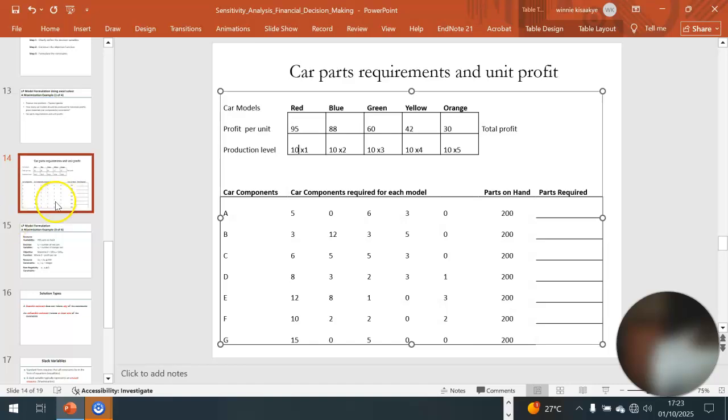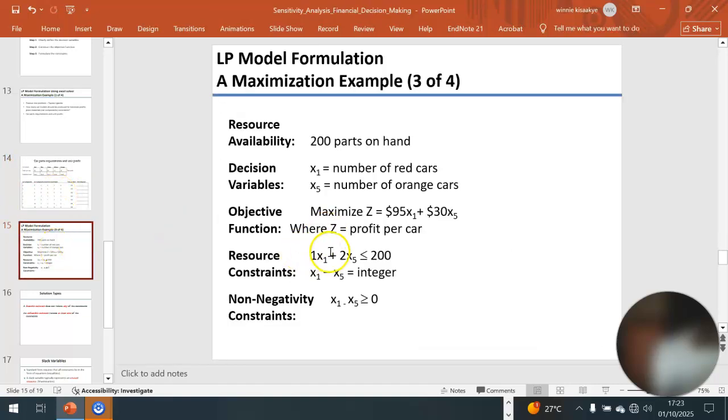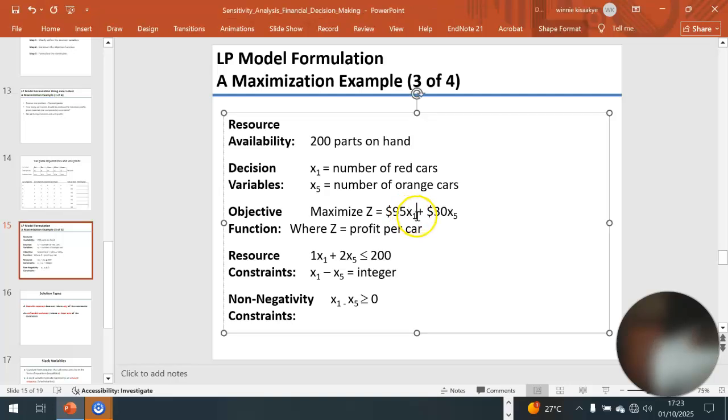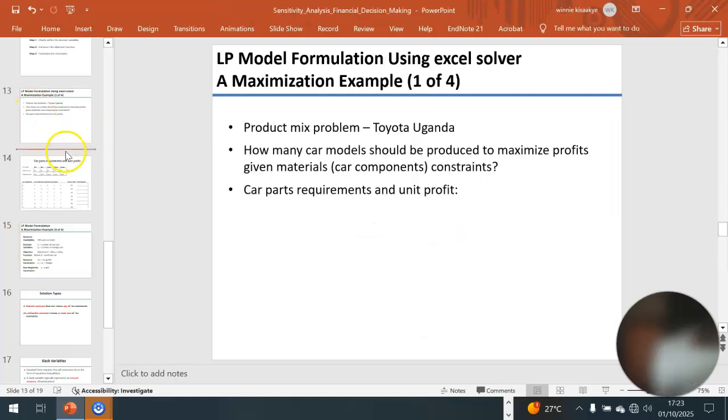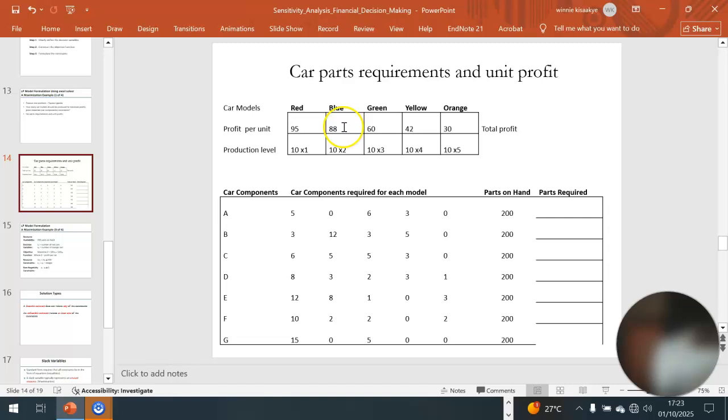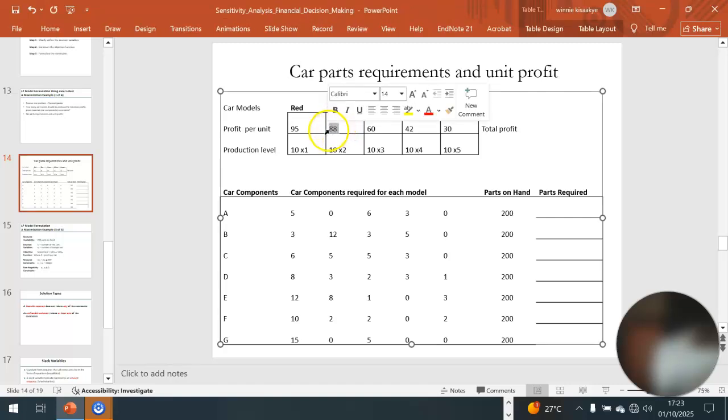That's why we are saying 95 x1, meaning we have to multiply the profit per unit with its associated units produced, that are represented by x's. Then plus the profit per unit of blue cars times x2, which is 10.